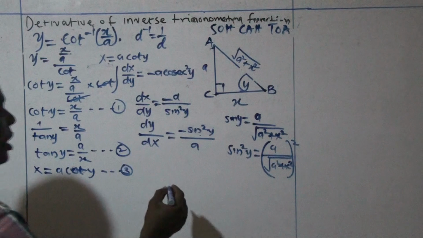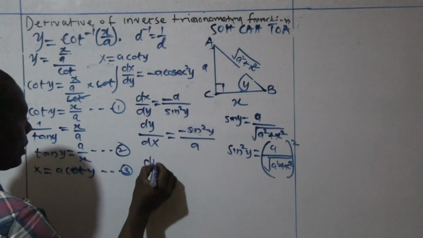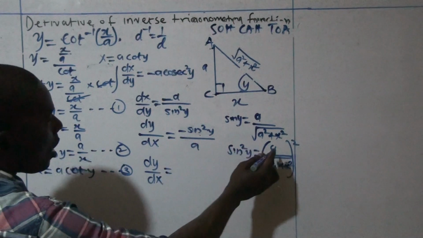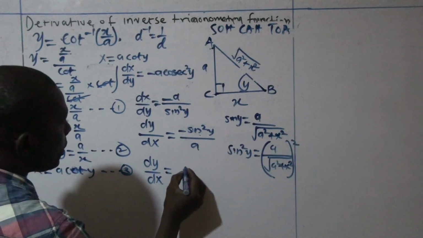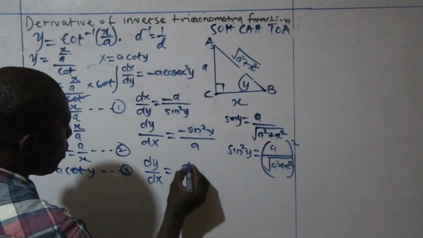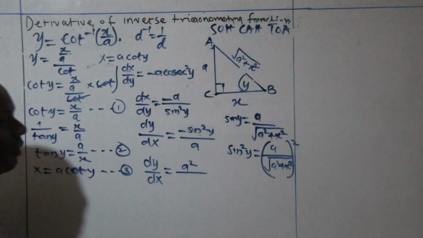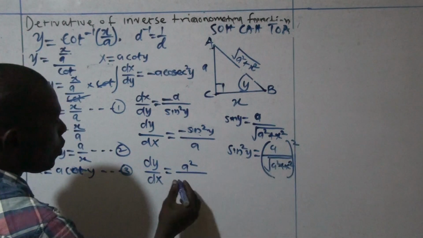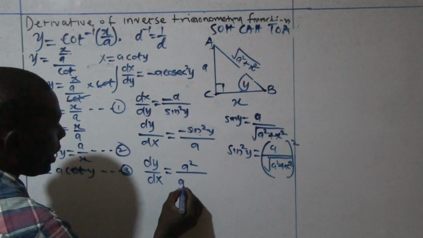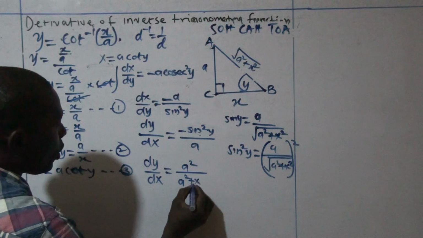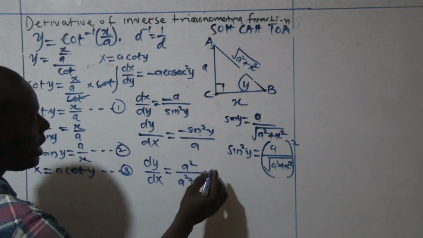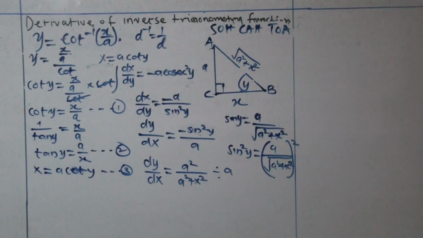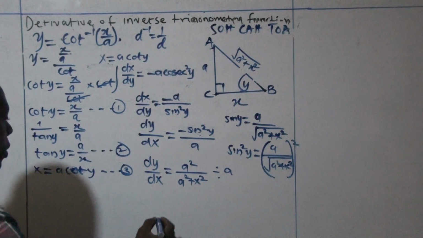By the time we square this expression, we see that dy over dx equals, if we square, a square, leaving the square root. By the time we apply the square, everything will be off. This becomes a square plus x square, and here we divide by a.